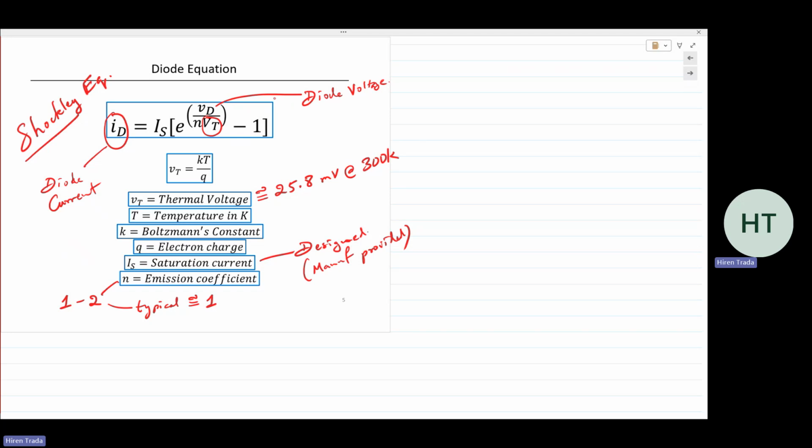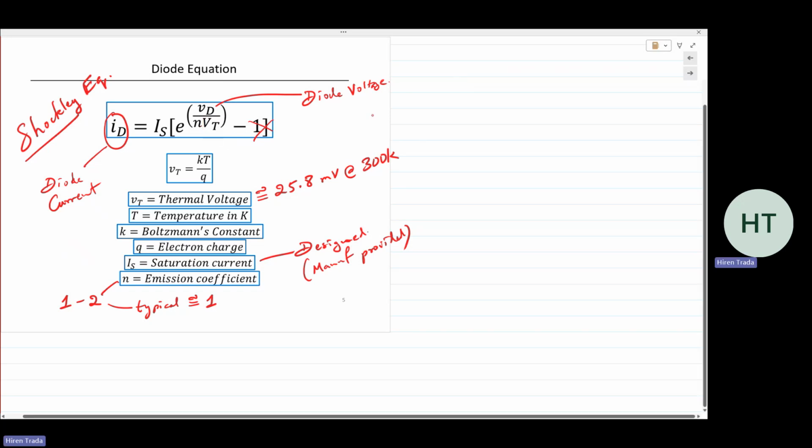All right, so typically what happens is this exponent is far larger than 1. So if you want quick analysis and quick results, and we do not care about the actual precise values or precise numbers, then we can ignore that 1. Also, emission coefficient N is equal to 1.